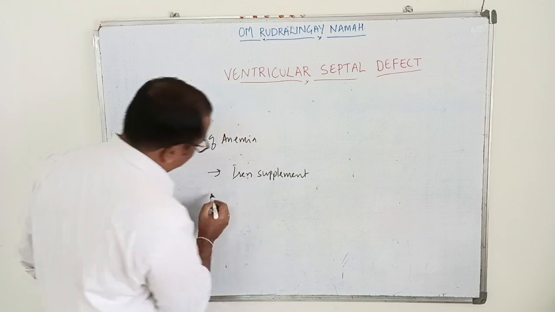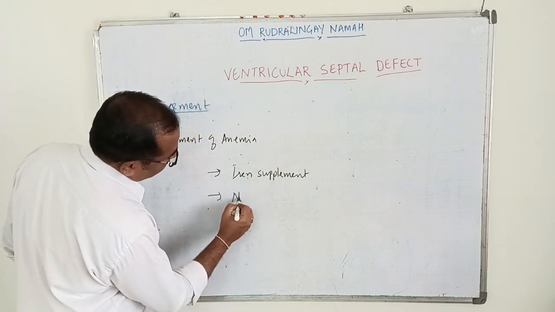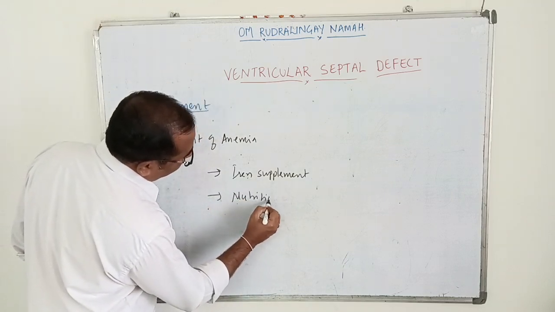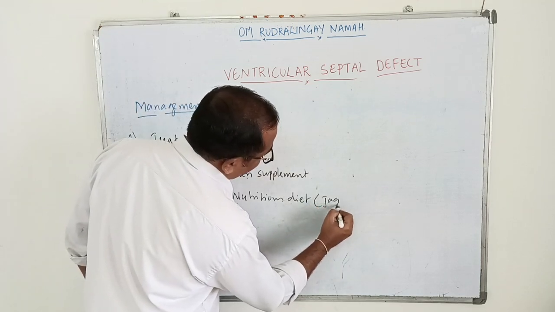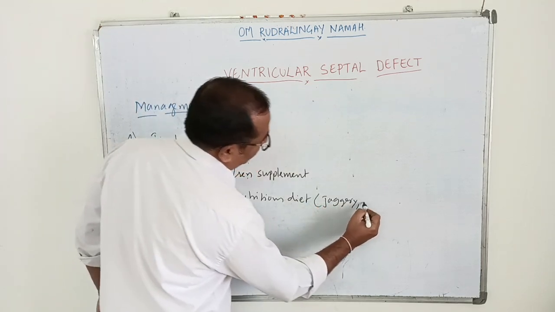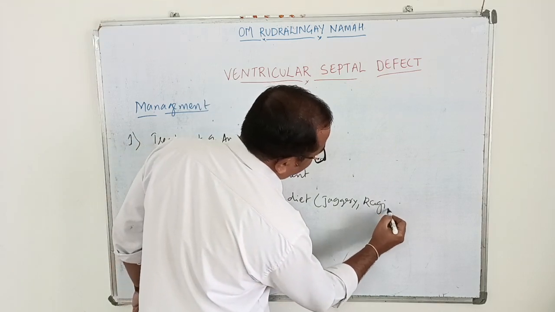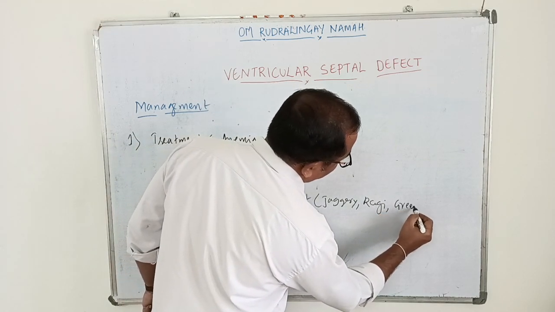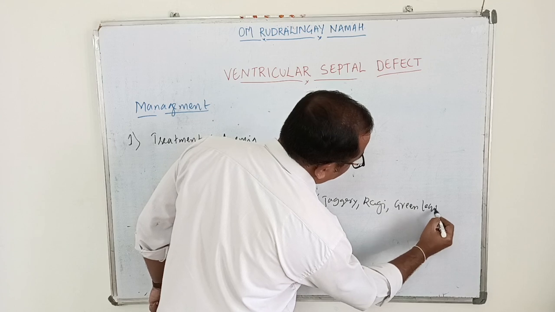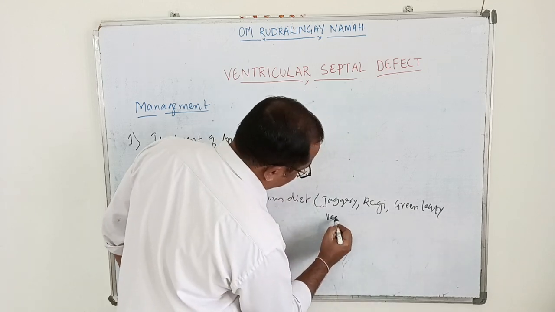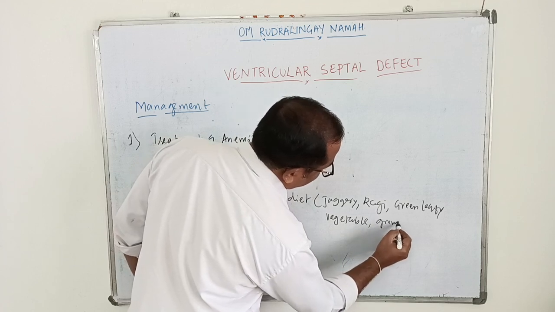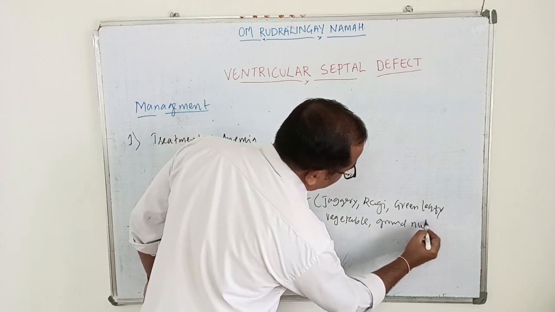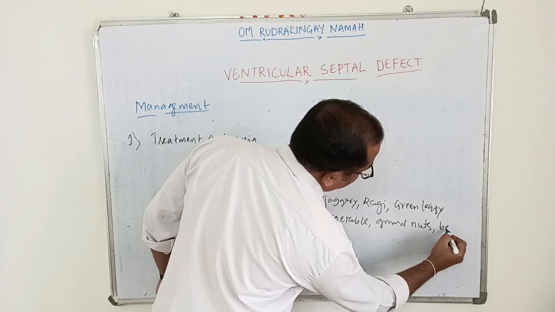We can advise the child to have a nutritious, iron-rich diet. That may be jaggery, ragi, green leafy vegetables, groundnuts, beetroot.